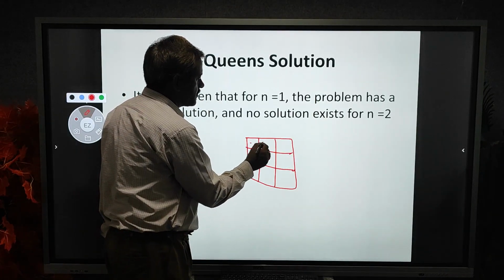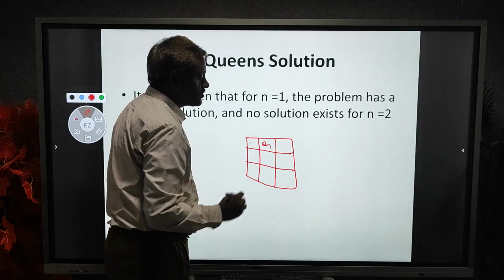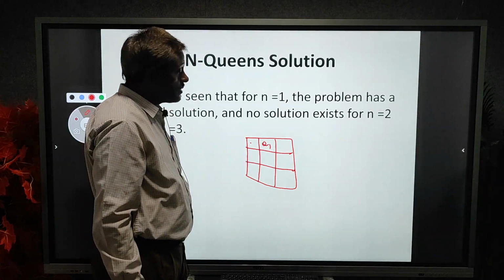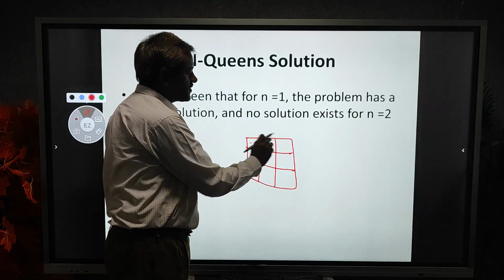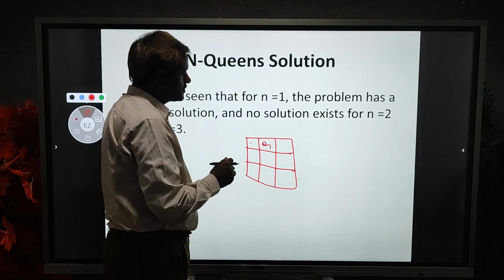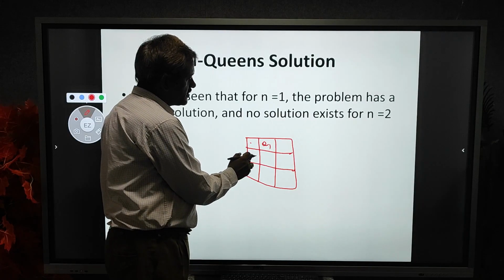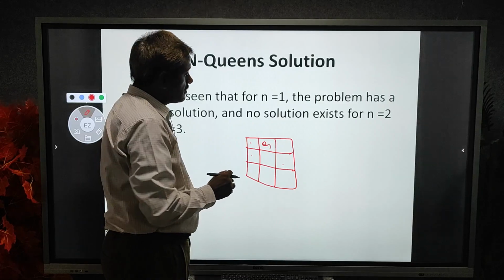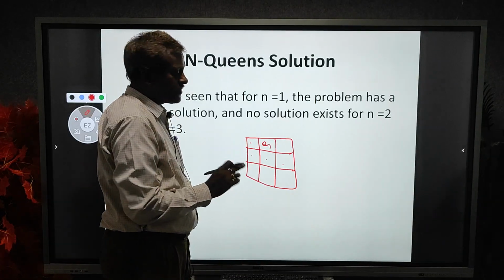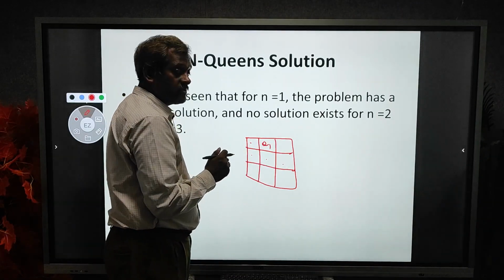Now that is not possible. Now I have backtracked Q1 to here. Now, where to place Q2? As per the first row, it is not possible. This position is not possible. This position also is not possible. Here this is not possible. Why? Because this is diagonal to Q1.